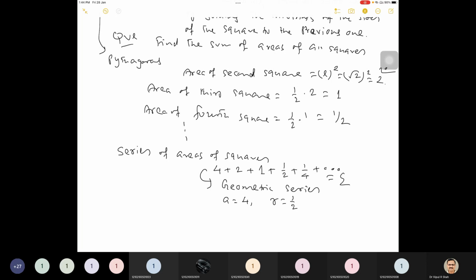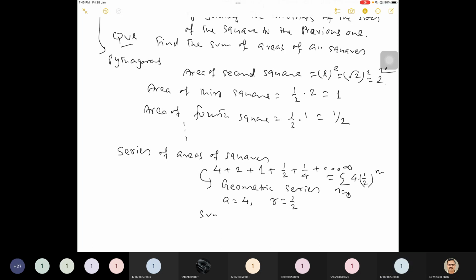So this is the series like a r power n, with n equal to 0 to infinity. For n equal to 0, it is 4; n equal to 1, it is 2; n equal to 2, and so on. Isn't it? a r power n.